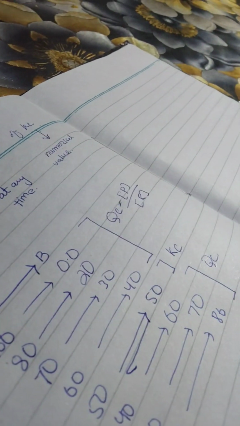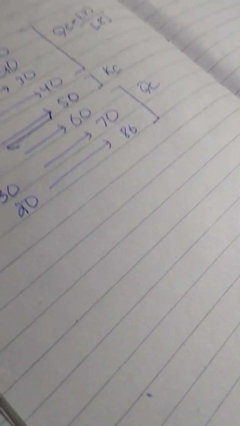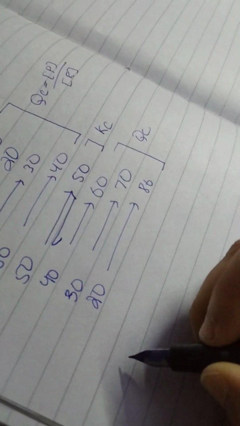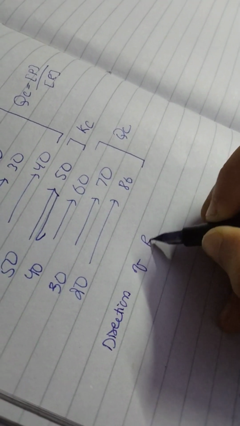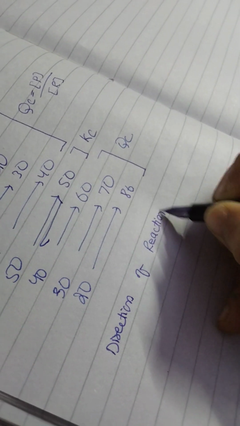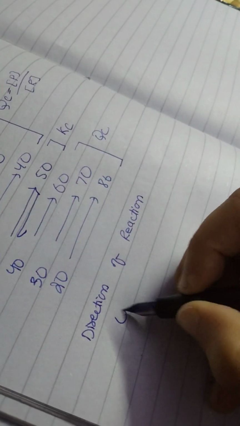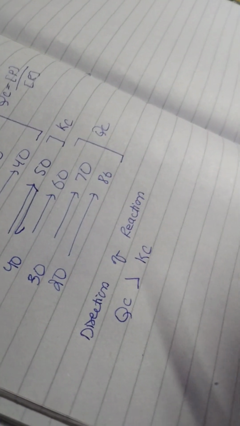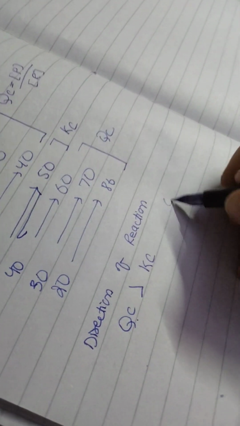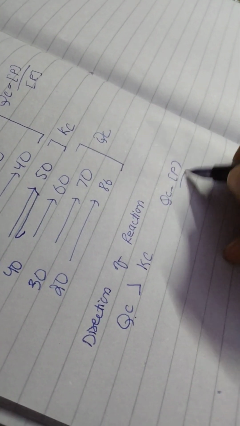So here it is. Now let us determine the direction of the reaction. What if the value of Qc is greater than Kc? We know that Qc is equal to product upon reactant.